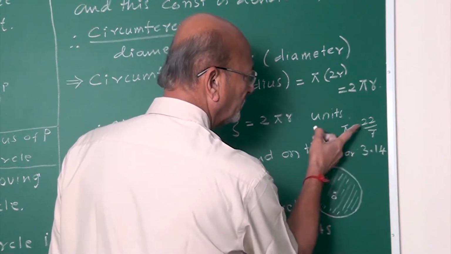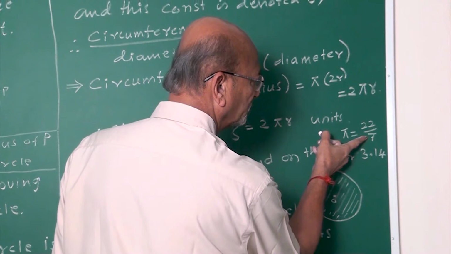My friends, actually, if you divide 22 by 7, you get an endless number.